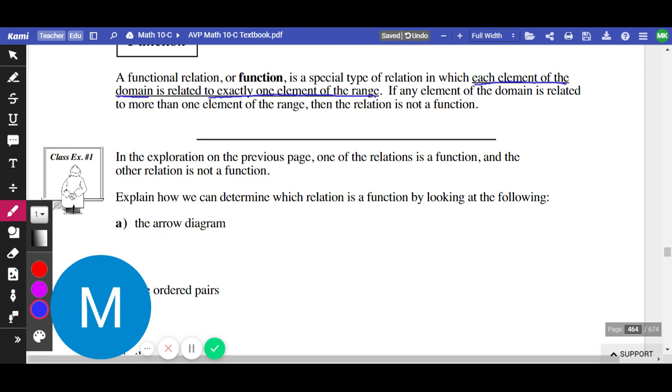All right. In layman's terms, like in regular people speak, instead of saying that, I would say that every input only has one output.